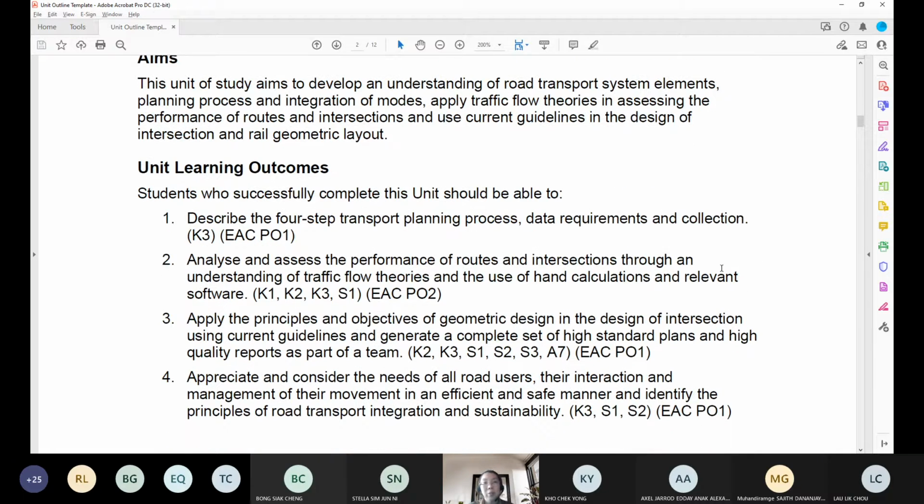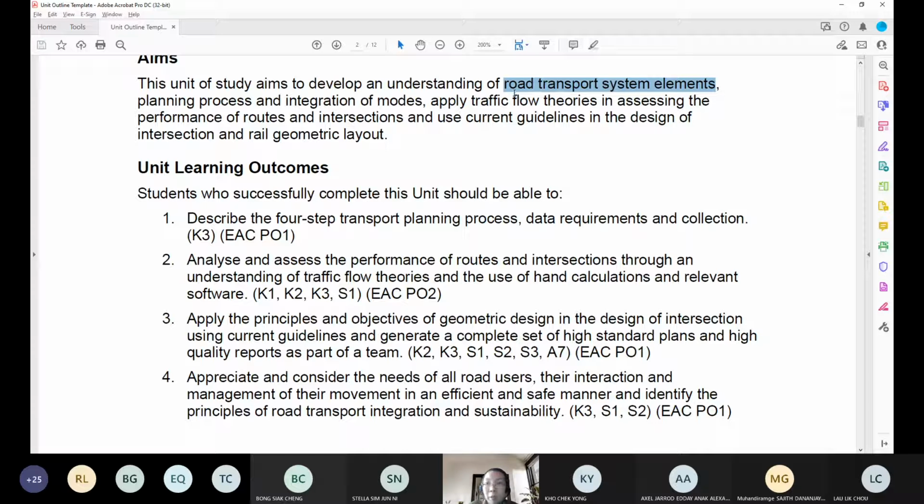All right. So this unit, transport engineering, is to develop an understanding of road transport system elements. When we talk about road transport system, we are talking about land transportation, in particular road only, and for different user groups.